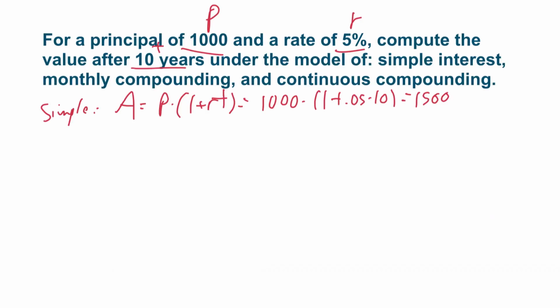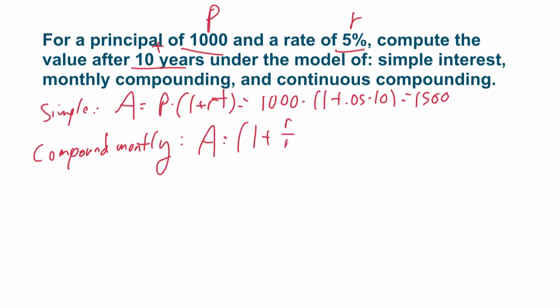Makes sense. So for compounding monthly, the model is A equals P times 1 plus r over n to the nt.